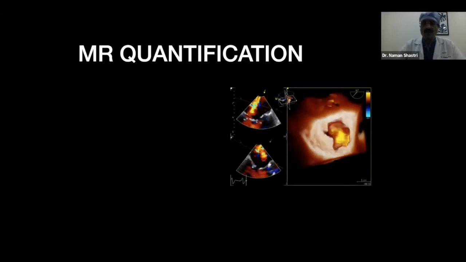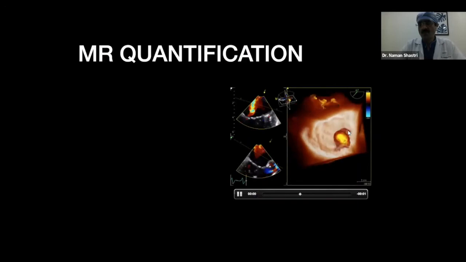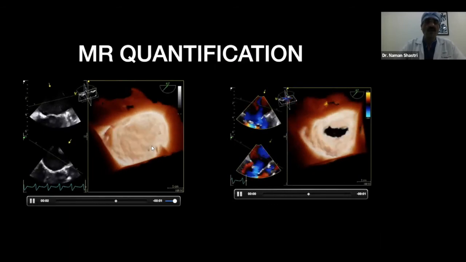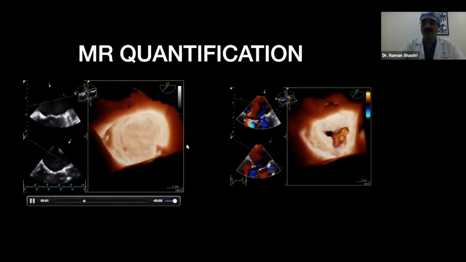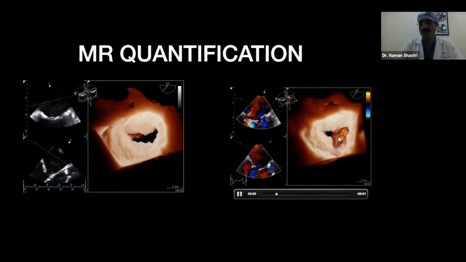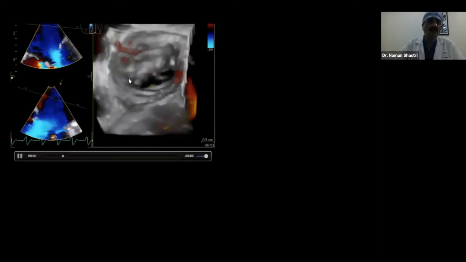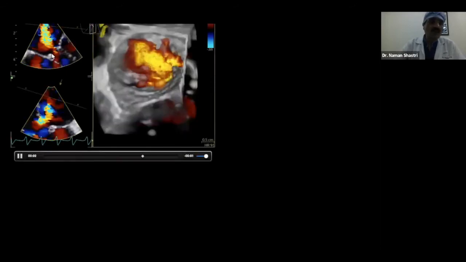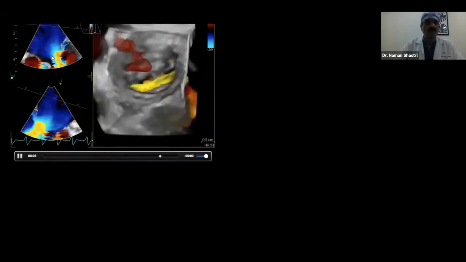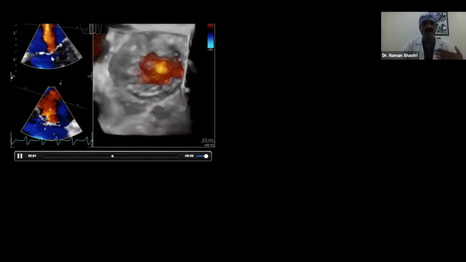MR quantification: here on 3D you can see that the color jet is coming from the A3P3 aspect when the anterior part is totally spared, and otherwise it looks like a very clear, good mitral valve leaflet. But put on color, and you can see a single leaflet segment is involved. Now, when we do the segmentation, if you go to 2D echocardiography, you can hardly see any vena contracta because we are cutting the angles from the anterior aspect.